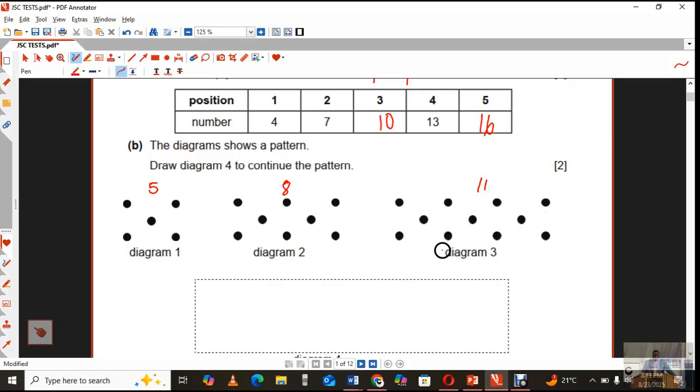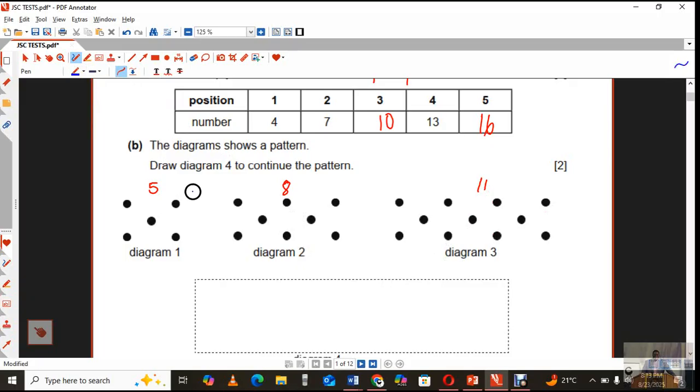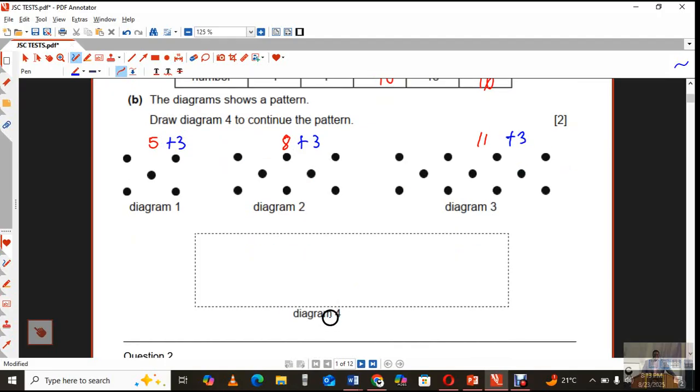So for diagram 4, you'll see that you are adding 3 again. Because 5 plus 3 gives you the next one, 8 plus 3 will give you the next one. So if I add 3, the next diagram should have 14 dots.